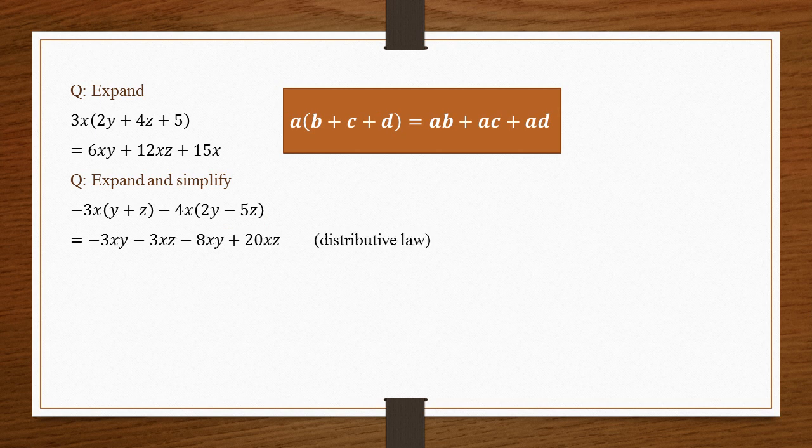When you apply the distributive law, it will become minus 3xy, minus plus minus, minus 3xz. Then minus 4x into 2y, 4 twos are 8, xy as it is, minus minus plus, 4 fives are 20, and this one is x and this one is z, so 20xz.